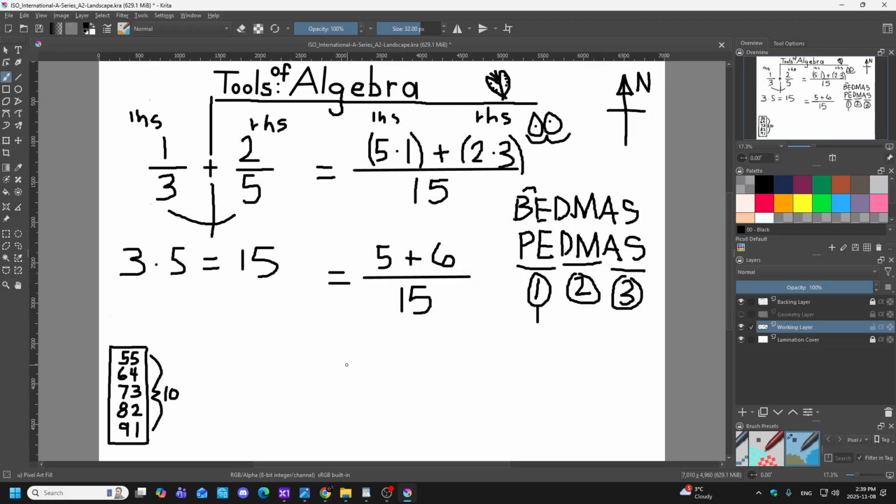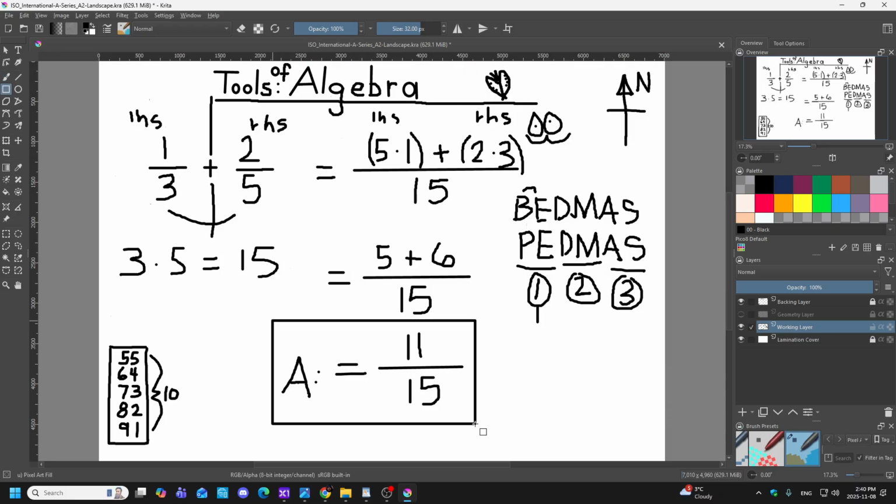Okay? I'll do more examples in the future. So now we have 5 plus 6, which is 11. Our denominator is unchanged. You could even check this on a calculator if you like.